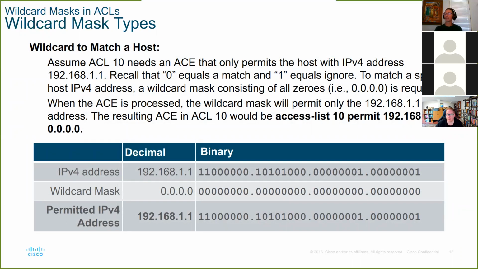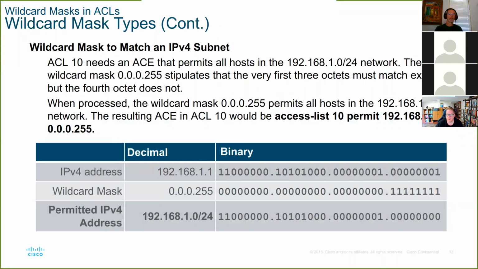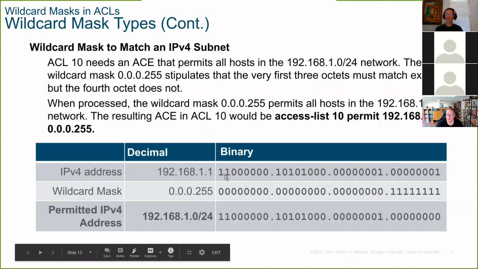If anybody wants a little bit more explanation, just speak up. I'm happy to do another example, but there are some examples here, and I think they're fairly straightforward. Here's the IP address. Here's the mask. So the permitted addresses are 192.168.1 dot anything, right?